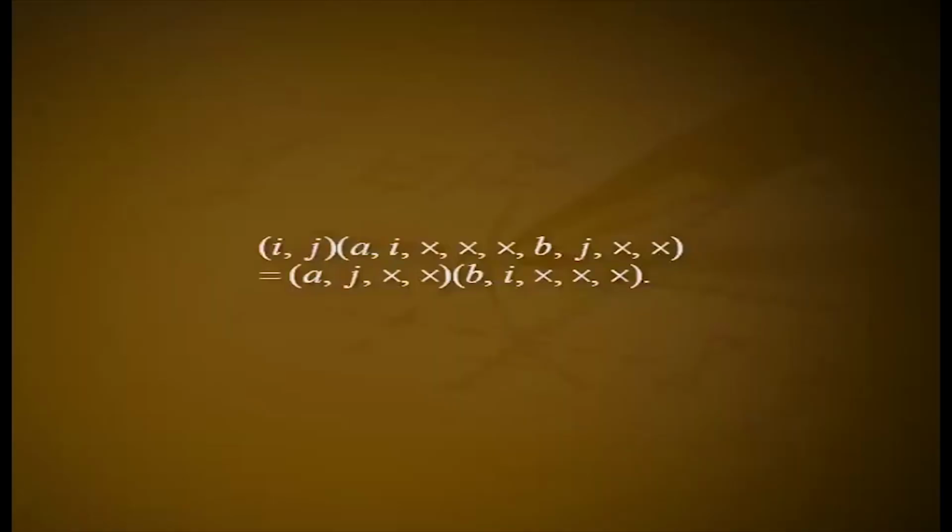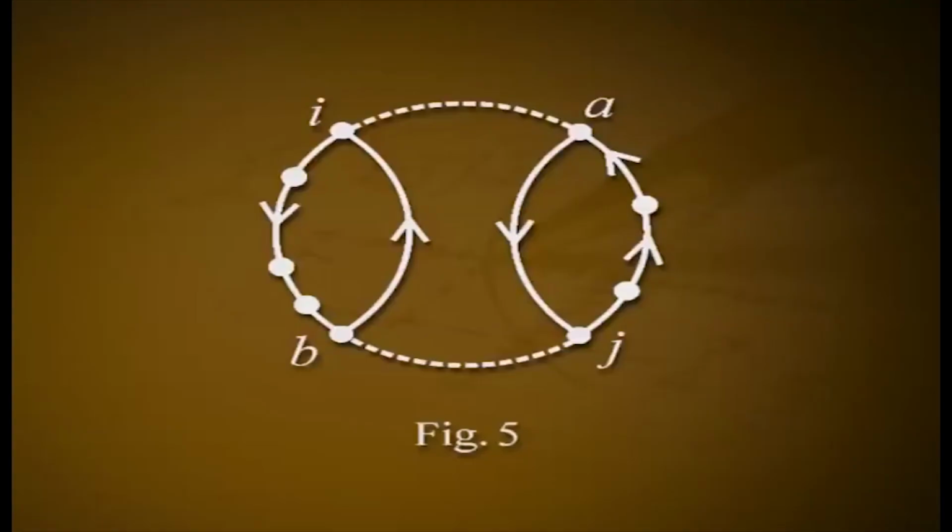Computing the product of the first two cycles in tau sigma, which is equal to cycle (i j) sigma, we obtain (i j) cycle (a i x x x b j x x), which is equal to cycle (a j x x) into cycle (b i x x x). The original single orbit has been split into two, as symbolized in figure 5.